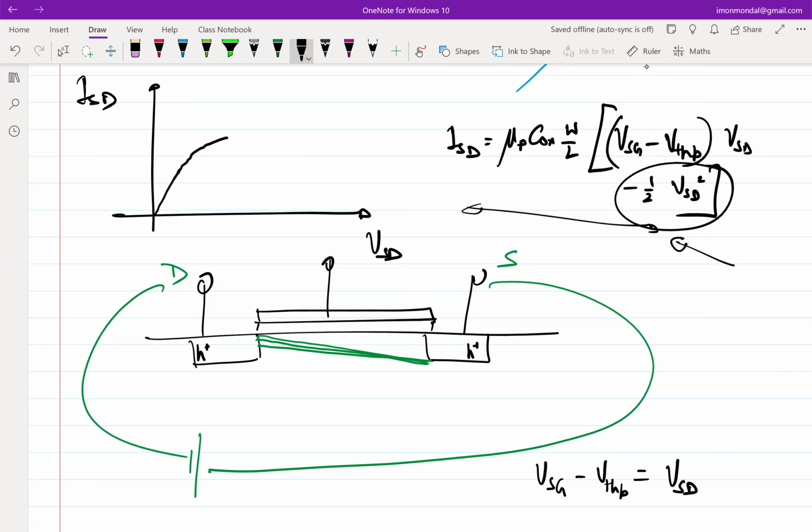And here I would like to draw your attention to what is happening at this junction. Something very interesting happens at this junction when you reach this condition. Think in terms of what is happening to the concentration of mobile charges just at the junction of the drain. It is decreasing, but something critical is happening.